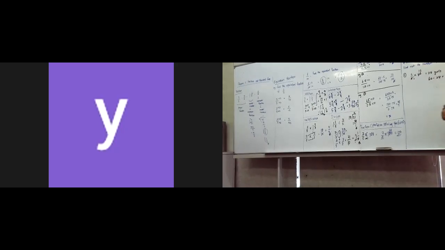Another way: you know 2 over 5 is girls. What is the total? 5 over 5, correct? So 5 over 5 minus 2 over 5 is 3 over 5, which is the boys' fraction. Times 60, you can directly get 36. This is another way.